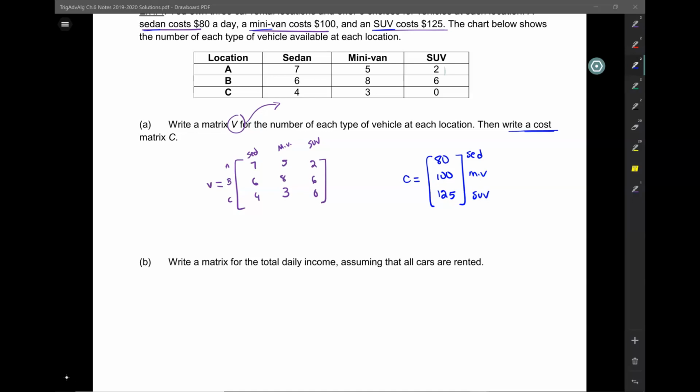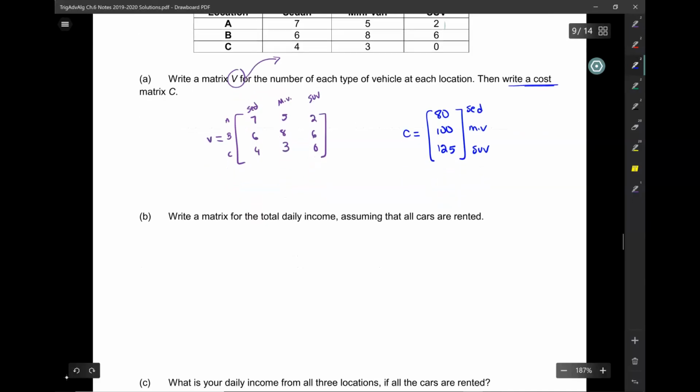I mean, we're talking about 20 by 30 matrices or whatever, right? So in that case, you're not going to be crunching numbers by hand. You need a legit way of doing things. Okay, so we want the total daily income, assuming that all cars are rented.